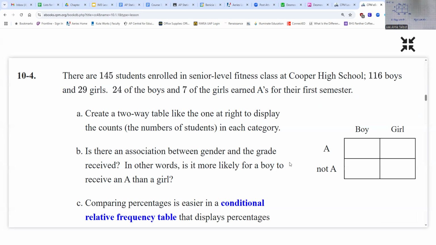I don't need you to fill out the rest of the table right now. Unless you want to, you can. You're just trying to figure out where the numbers go.